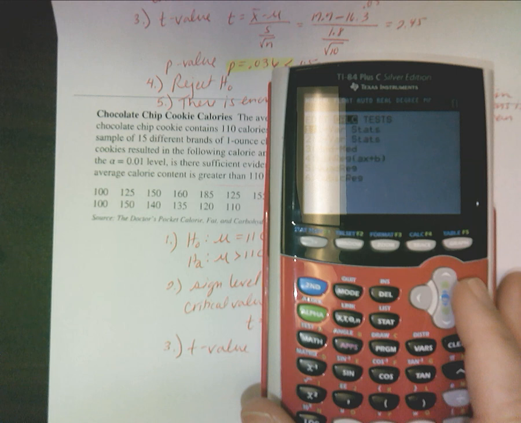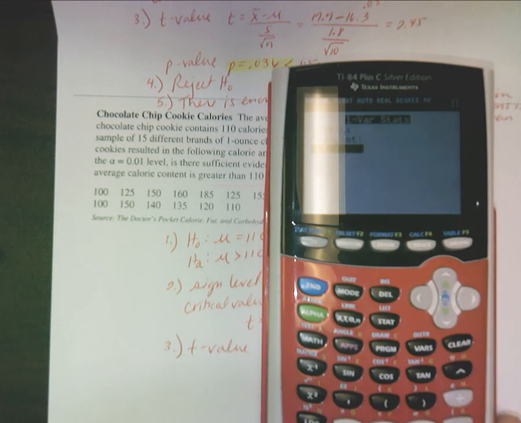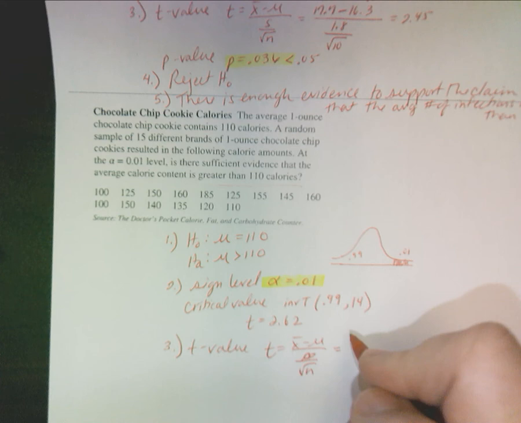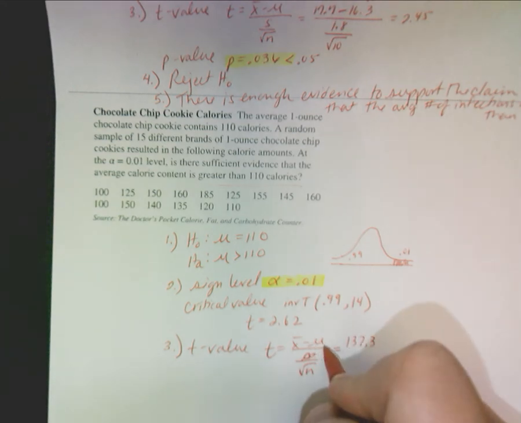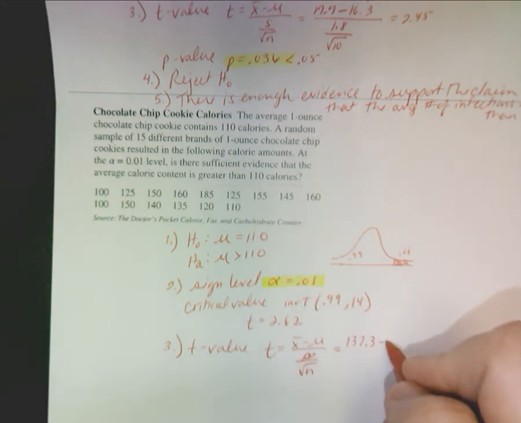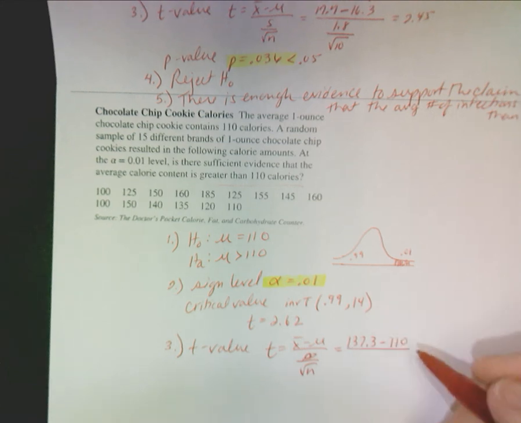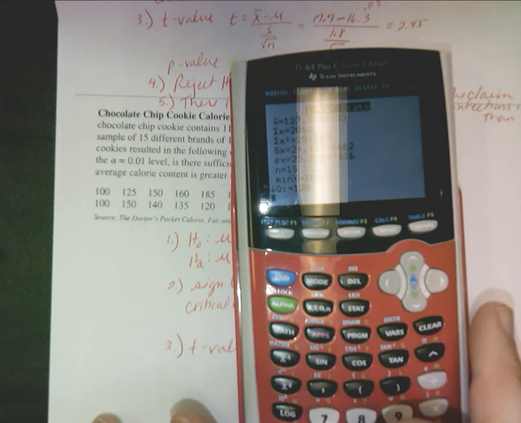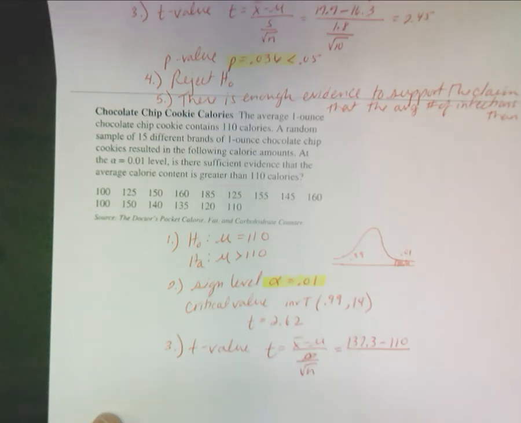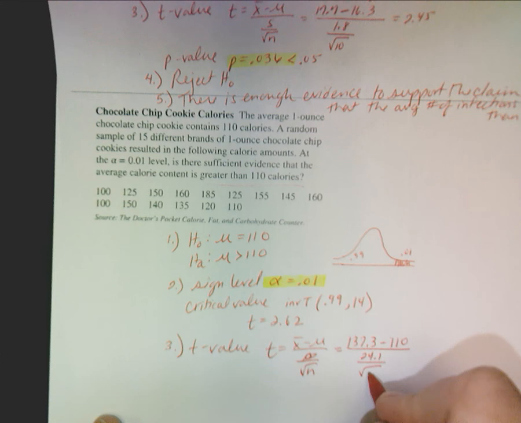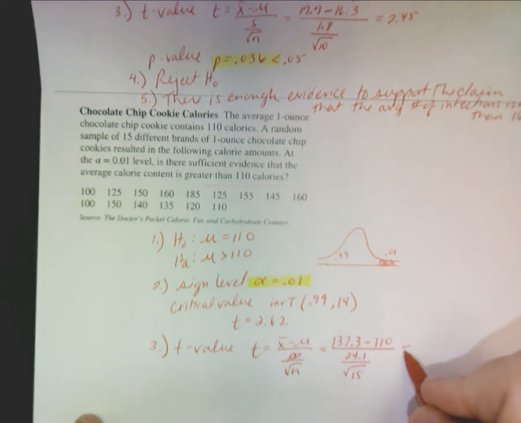You can go to 1-Var Stats and get your mean, 137.3, minus the mu, which is 110 calories, divided by my sample standard deviation, 24.1, and divided by the square root of 15. And I'll give that to you. It turns out to be about 4.39.